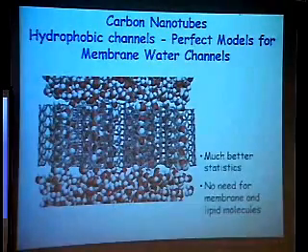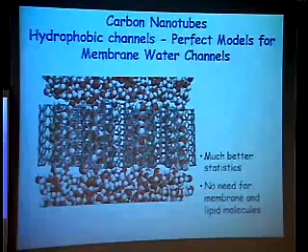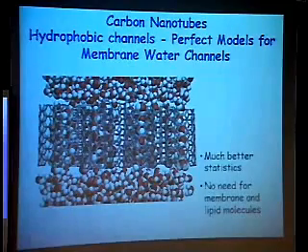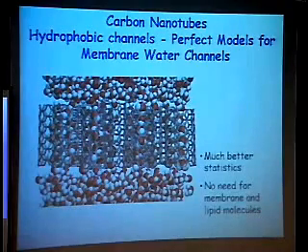Again, this is the side view when you form single files inside the channel. And basically, there is no electrostatic interaction between the nanotube and water molecules in these simulations, because carbon atoms forming the nanotube are basically carrying a charge of 0.